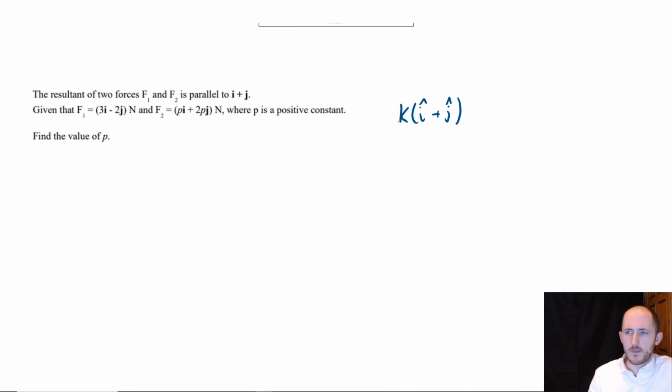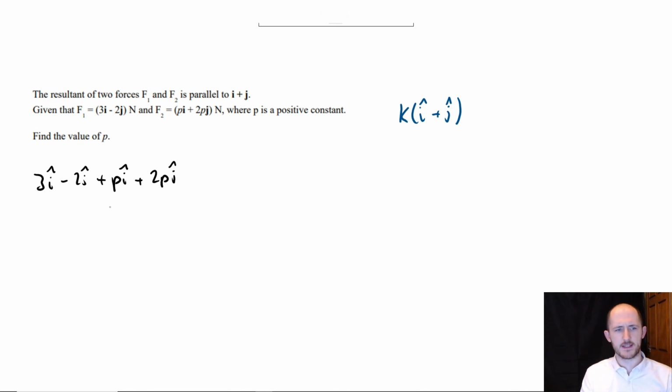So we're just going to essentially add these two vectors together and get this. As a forewarning, the resultant means we're going to add these two things together. So we have 3i minus 2j plus pi plus 2pj.